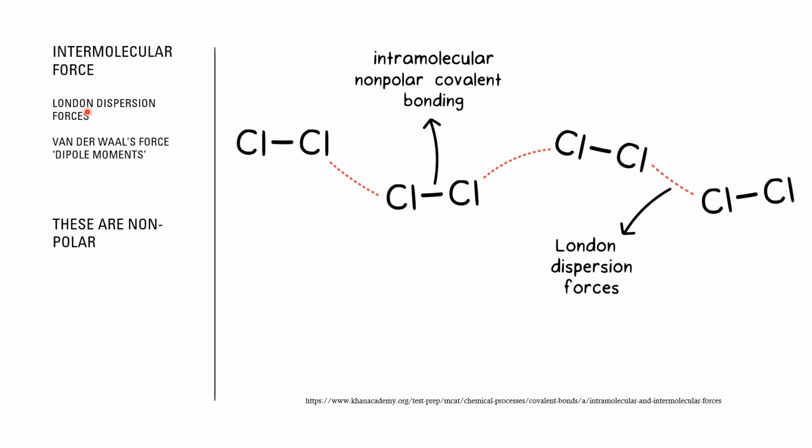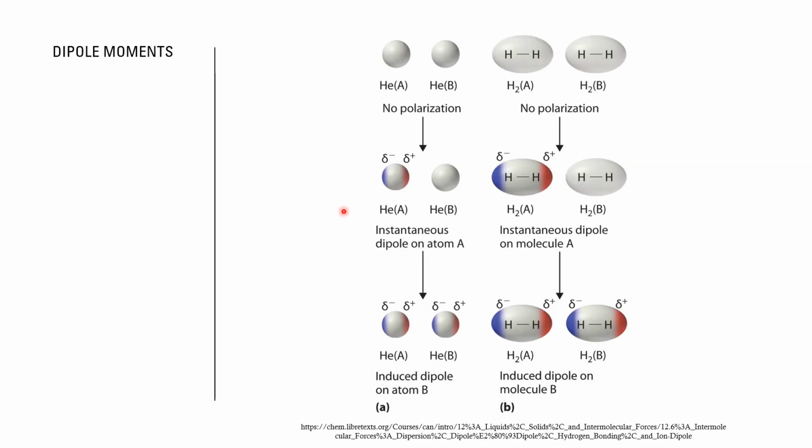Now, what we have here are what we call London dispersion forces. You may also hear the term van der Waals force, and they're caused by what we name as dipole moments. Now, this diagram is a little bit complicated, but I'm going to look at this example first because it's for a molecule, not just an atom.